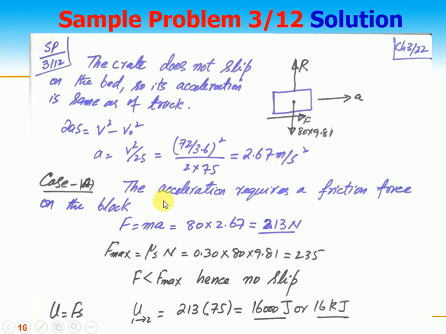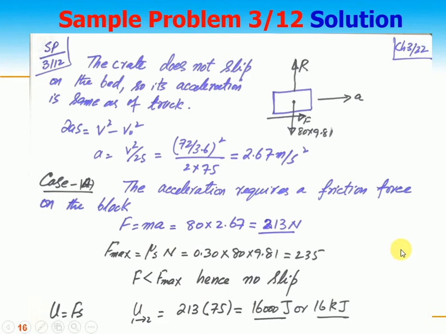If I take case A, the acceleration requires a friction force on the crate. The friction force, we know that F is equal to ma, that is 80 times 2.67, which is 213 newtons. And the maximum force is mu s N, which is 0.30 times 80 times 9.81, and it becomes 235 newtons. The force required is less than the maximum force, so there is no slip.